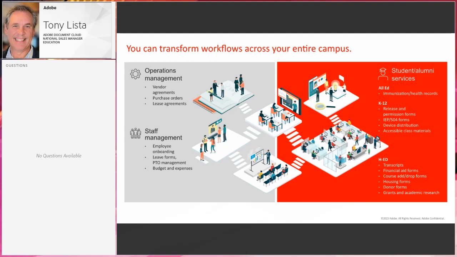Today, they automate every department on campus using Acrobat and e-signatures, and they've reduced expenses across the enterprise. And IT reports that they're able to handle all of the requests coming in much easier. I'll provide some additional detail on this one, but it's a use case that we typically see where clients will use this automation in one business area and then see the value in other business areas.